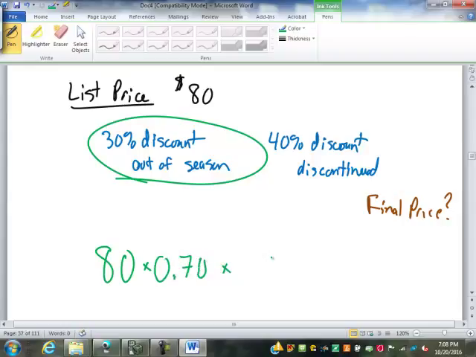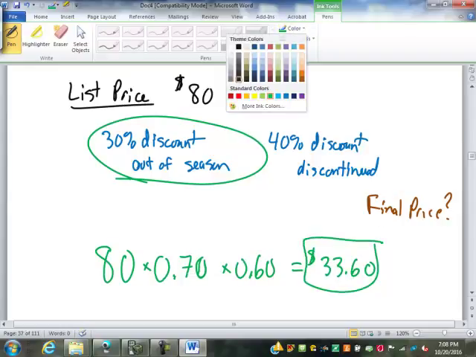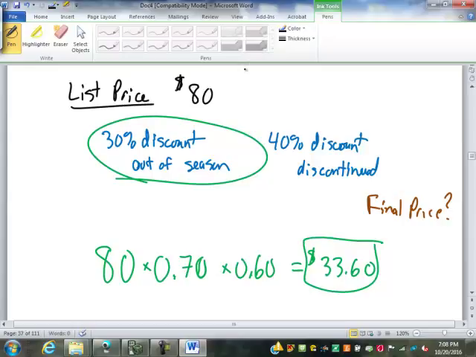What do I do for the second discount? 60% or 0.6. So now it's just going to be 80 times 0.7 times 0.6, which is going to give us what? $33.60. Any questions on that?